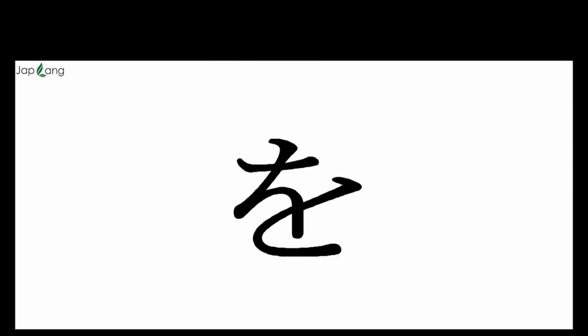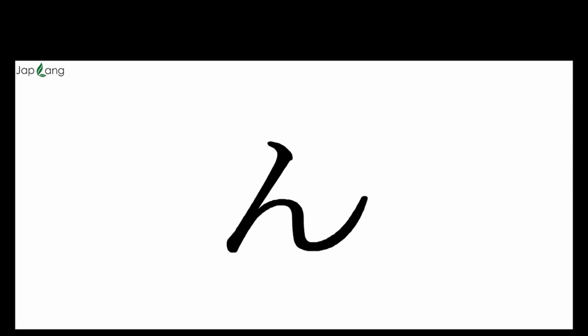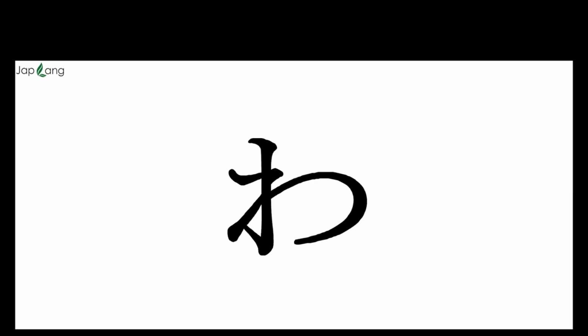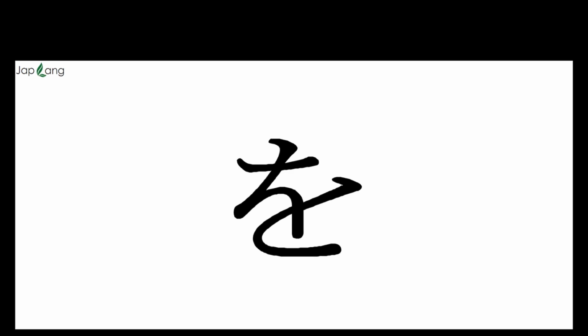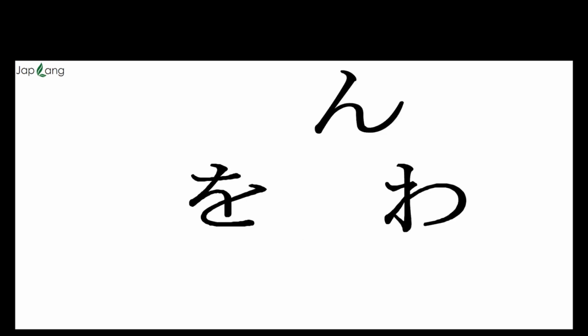Now quiz time. This is o. This is n. This is wa. This is n again. This is o. Now can you tell me which is wa here? Yes. Alright. Right corner bottom.